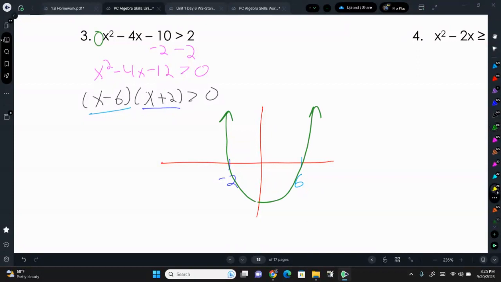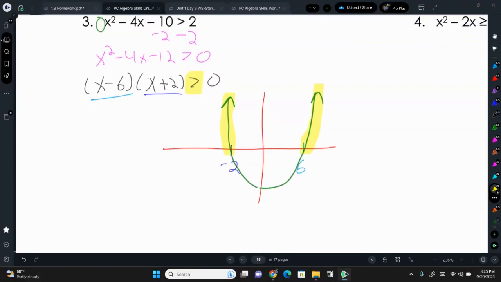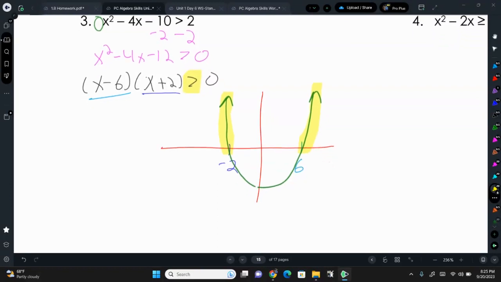And our inequality sign is greater than, so we want everything above the x-axis, but not including the x-axis, so we're going to use parentheses. So we have -infinity, comma, -2, and +6, comma, +infinity as our solution.